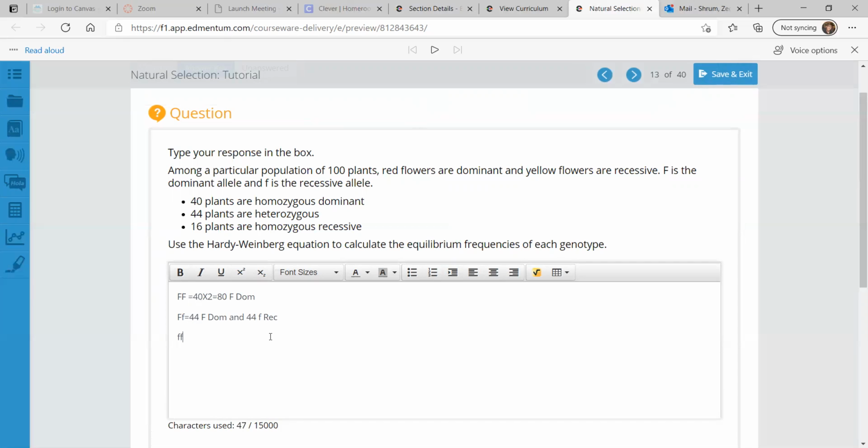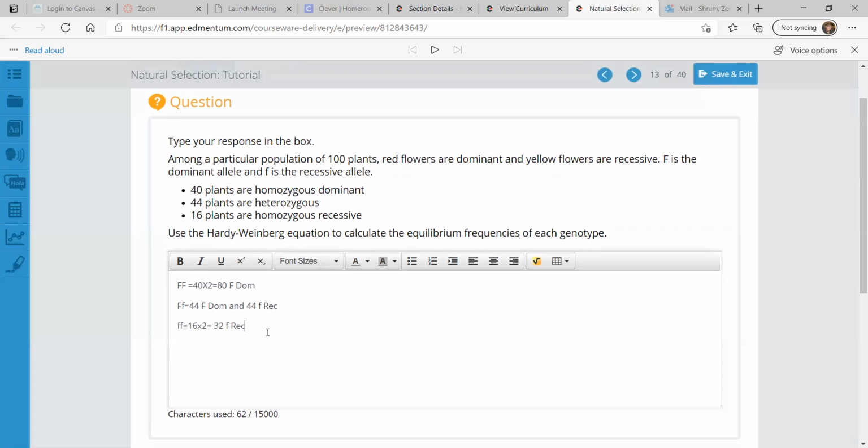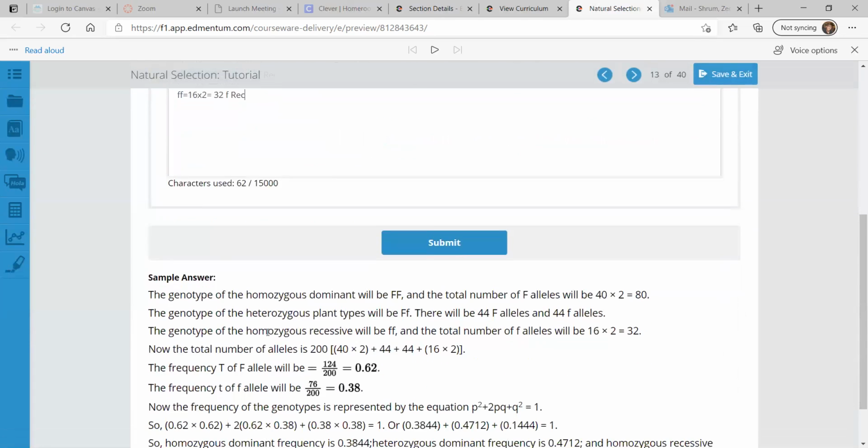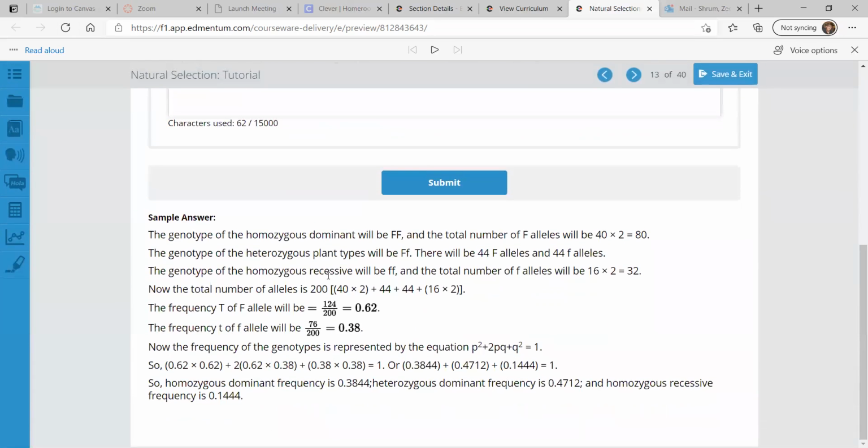And then this will give us 16 times 2 equals 32 f recessive. Okay.